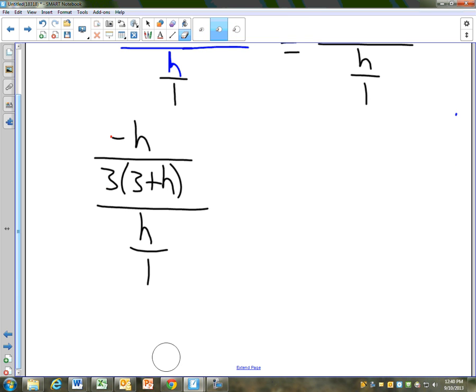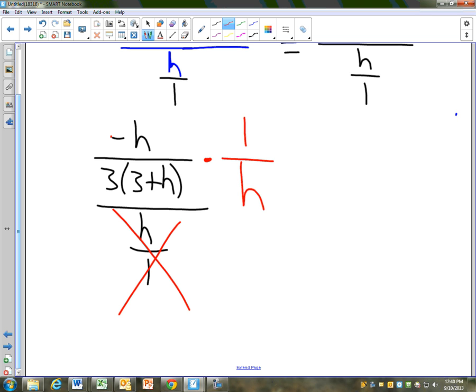Is there any more simplifying that I can do before I multiply? Okay, so everybody does understand now that this is the point where we multiply by the reciprocal. You cross it off times 1 over h.